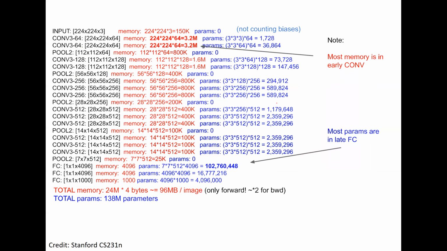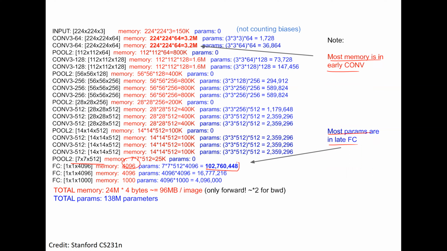One thing to note here is most memory is in early convolution, and most parameters are in the late fully connected layers. Because we are using 4096 times 4096 connections, we need to connect all the components from this input.